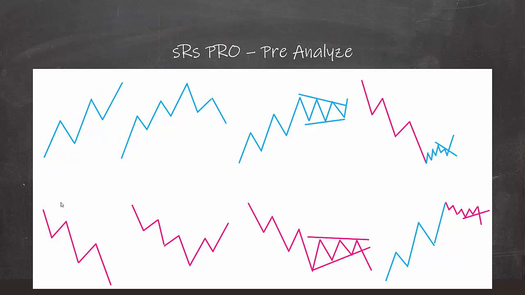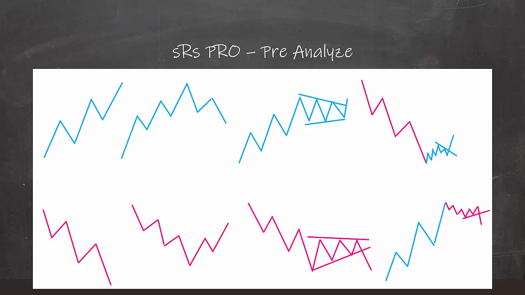Of course, the same applies to the downside. 3 lower highs and 3 lower lows define a downtrend. After that, most of the time, the market reacts with a correction. A correction, as a rule of thumb, comes in two options.